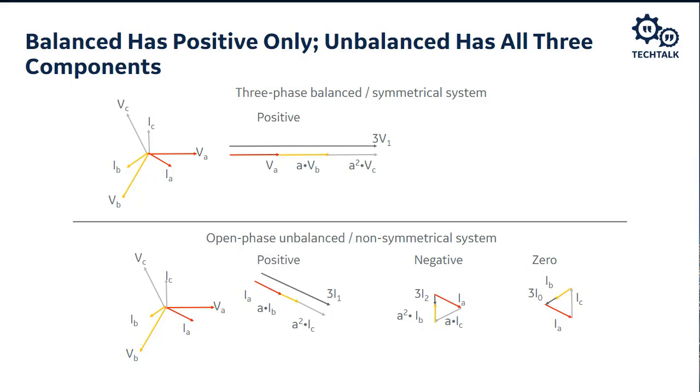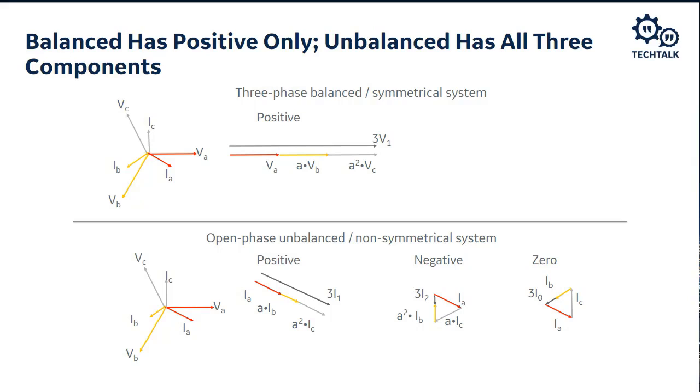And if I took VC and I shifted it by 120 degrees, it would be sitting down where VB is now. And if I summed those three vectors, VA, VB shifted, and VC shifted, that's going to sum to 0. And so that's why I would have 0 negative sequence voltage on this balanced network.